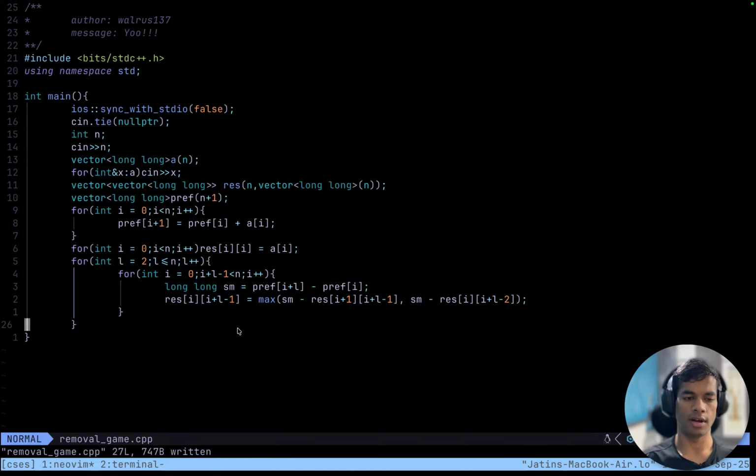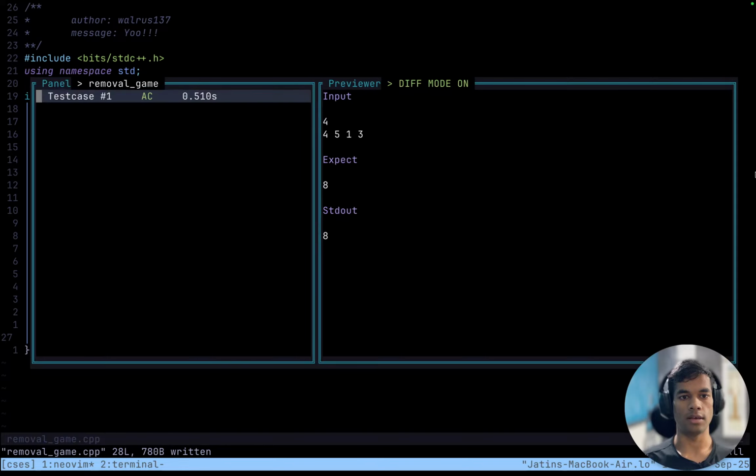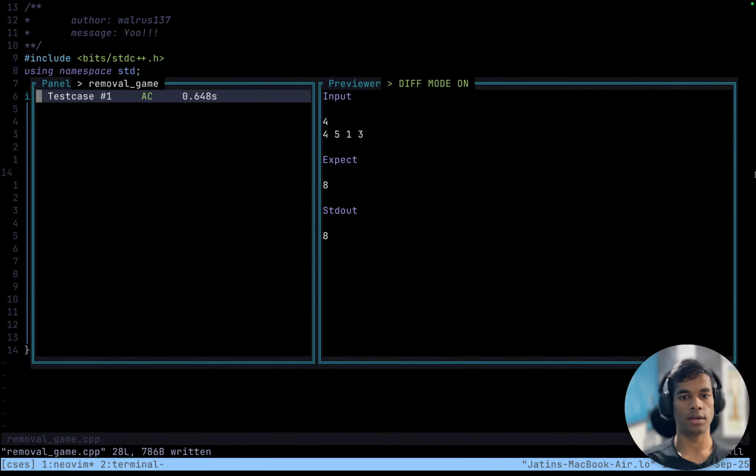And when this table is filled out, we see out starting from 0 going up till n minus 1 index, what is the best answer possible, which is it, what, yes, long, my bad. And that is correct.